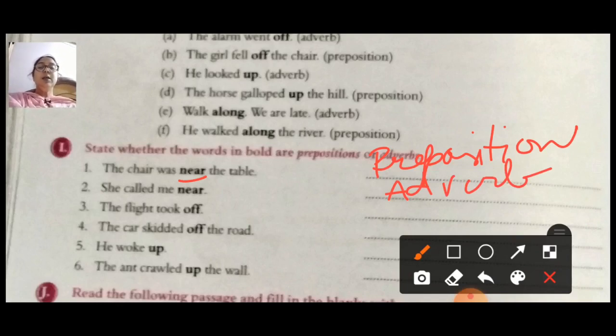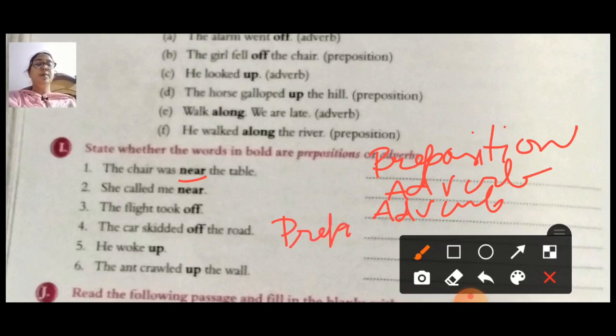Now in third, the flight took off. So this is adverb. And fourth one, the car escaped off the road. Now this is preposition.